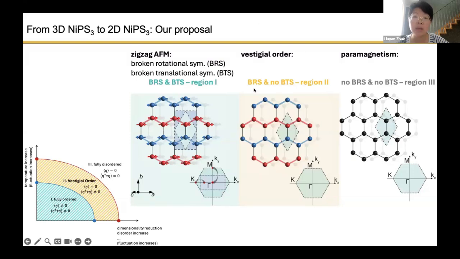Here is the breaking of the rotational symmetry but no translational symmetry breaking. This is actually regime 2 in this diagram. So by saying this, I hope to convince you that nickel phosphor trisulfide has the ability to support this yellow regime where only one symmetry is breaking while the other is not.